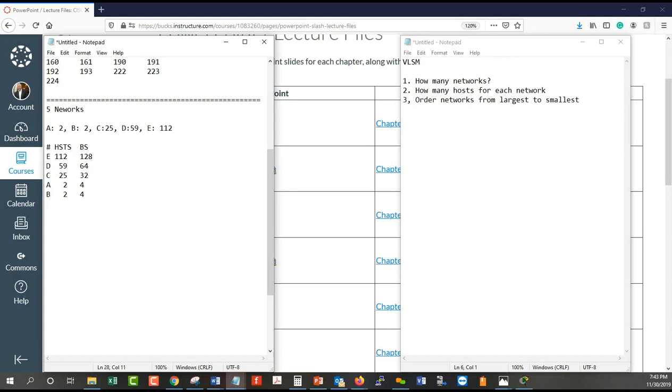Now, based on this, we need our network IDs. And we always start off with 0. And then we add the block size and the network ID to get us the next network ID. So in this case, 0 plus 128 gives us 128. And 128 plus 64 is going to give us what?